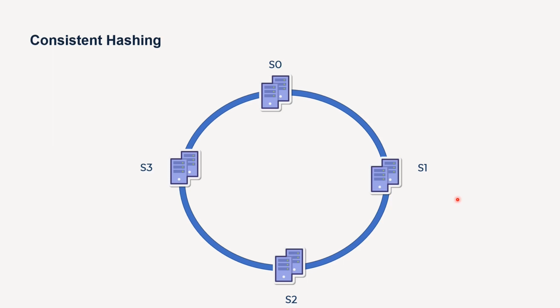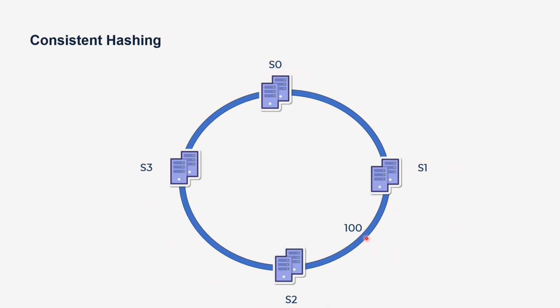That function will give you some value. Suppose it gave you 100. You put this value 100 on the ring, like a circle where we distribute the keys from 0 to 360 degrees, with 0, then 90 degrees, then 180 degrees.